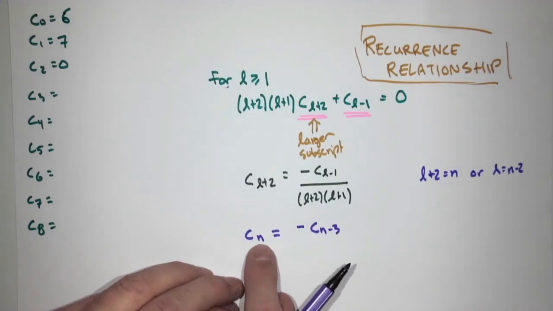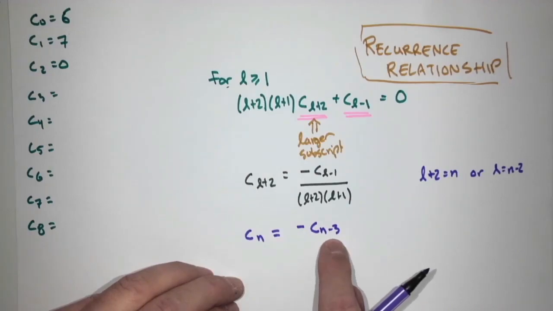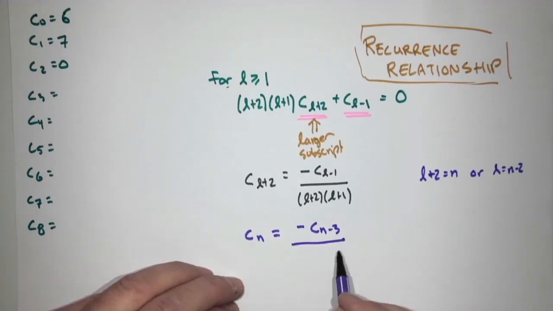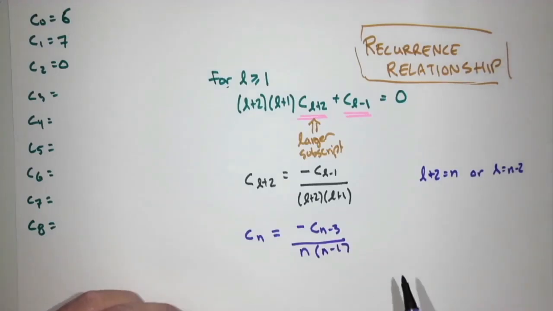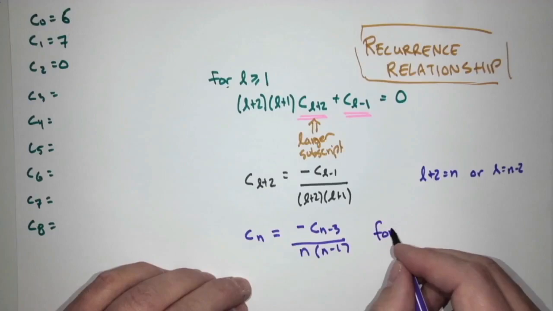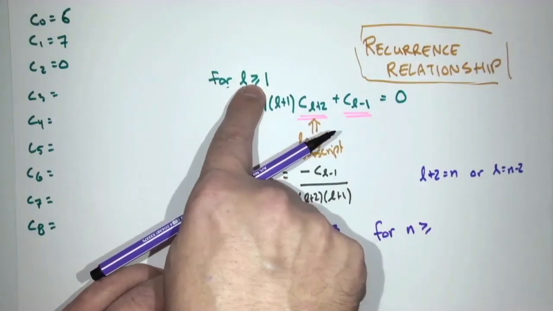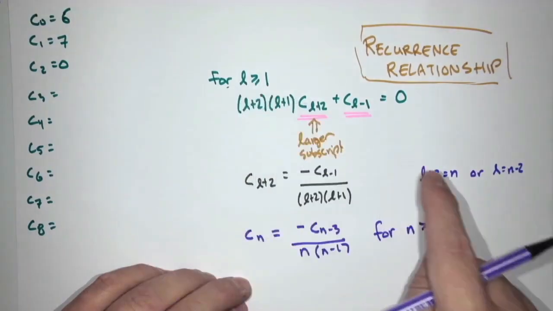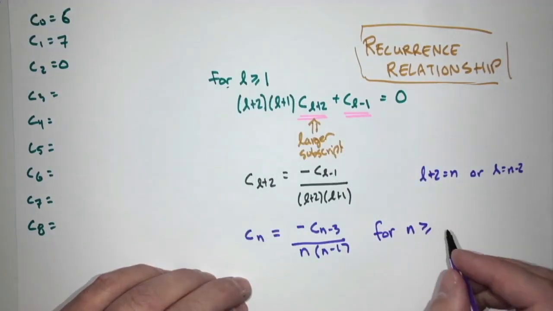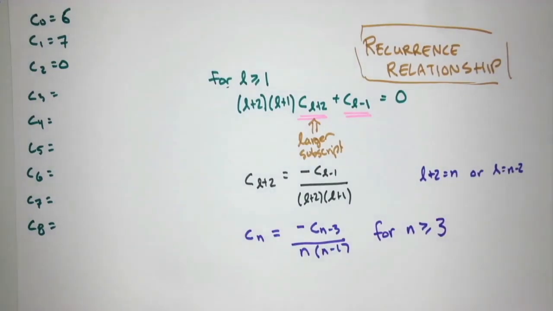If I want to know this term, I go 3 terms back, n minus 3. Divide by, L plus 2 becomes n, L plus 1 is n minus 1. And this is for n starting where? Previously we started at 1. So if L was 1, n was 3. So now this says, starting at n equals 3, I can figure out my coefficient by going 3 steps back.